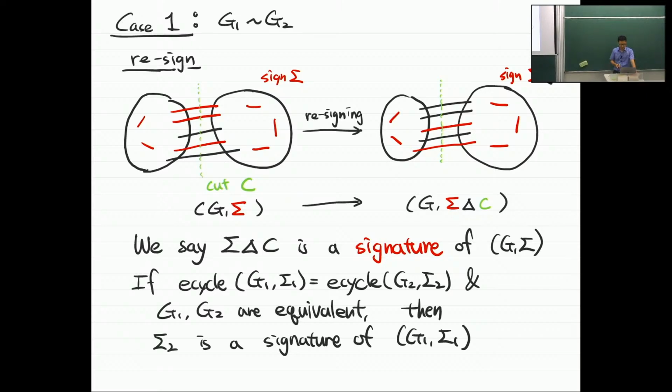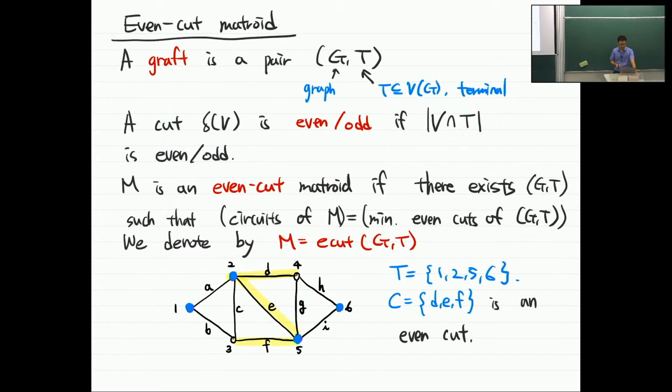To understand this case, I want to introduce another class of matroids called Evencut matroids. This is a very similar construction to Evencycle matroids, and this class also has graphical representations called graphs with terminals. In this case, it is a pair of a graph G and a subset of vertices T called terminals.